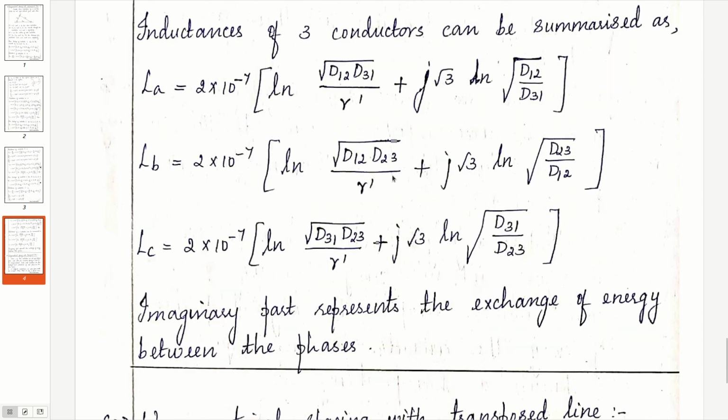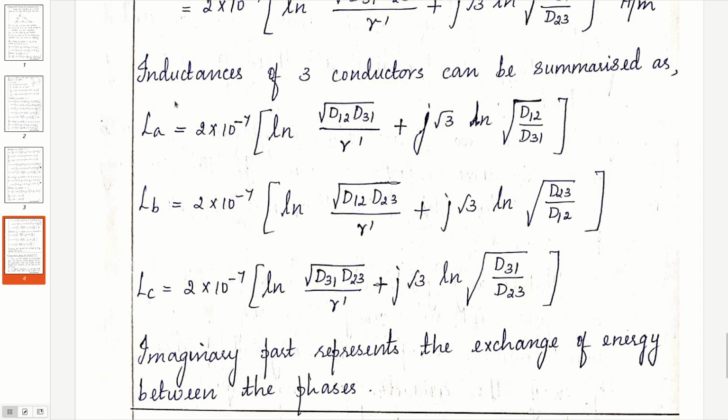So we have summarized and written the expression for the 3 inductances of conductors A, B and C, LA, LB and LC. Okay, so we have seen the inductances of the 3 conductors depend upon the unequal distances between the conductors.